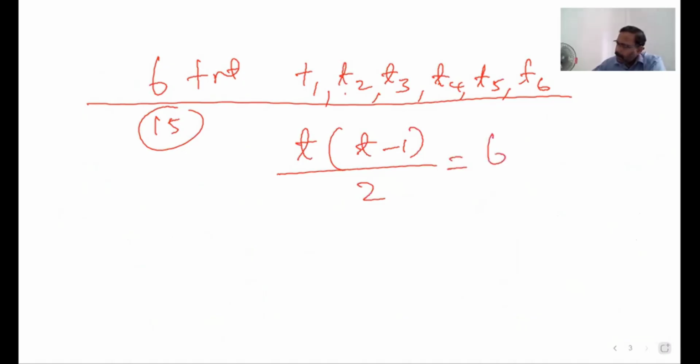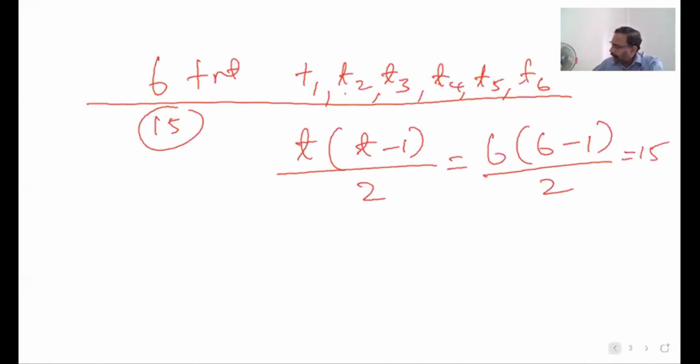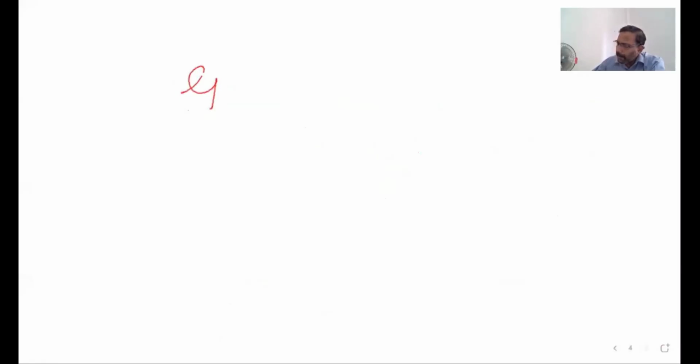So this is 6 into 6 minus 1 divided by 2, which is 15. Right? So this is the possible comparisons. The methods that I have mentioned here all compare one at a time. Then the other type of comparison is called group comparison.